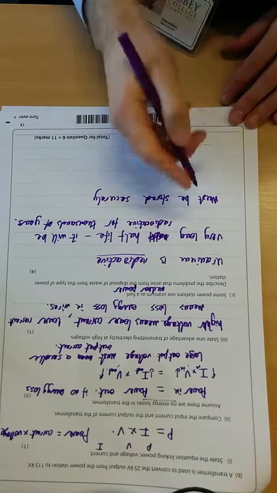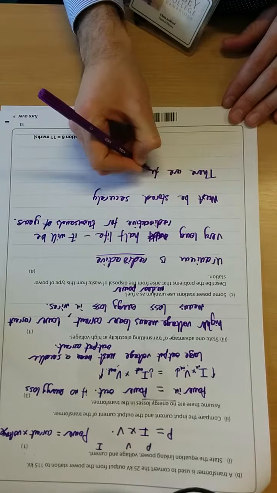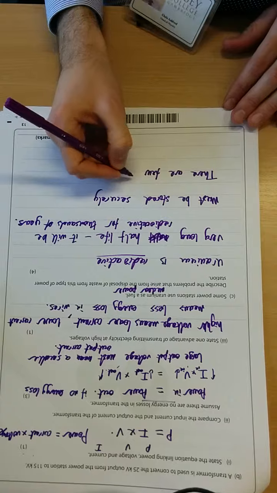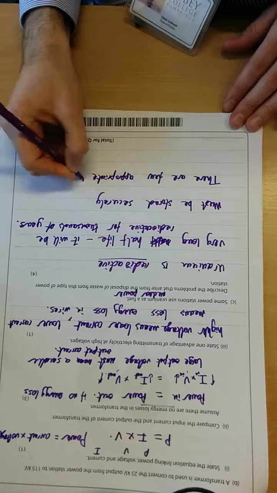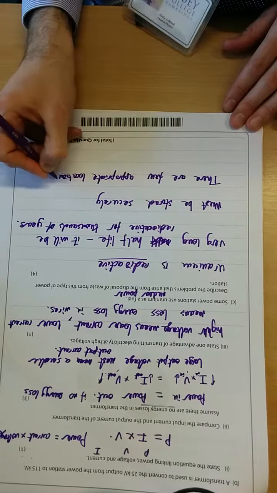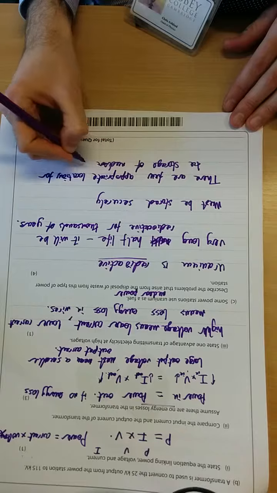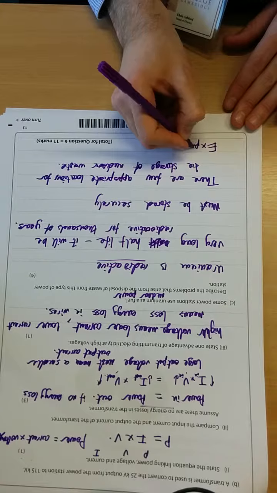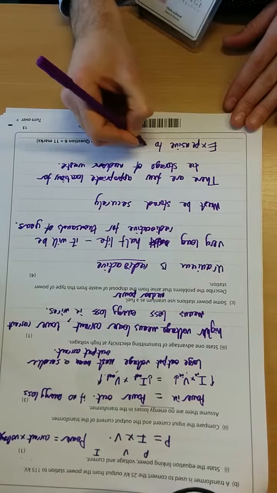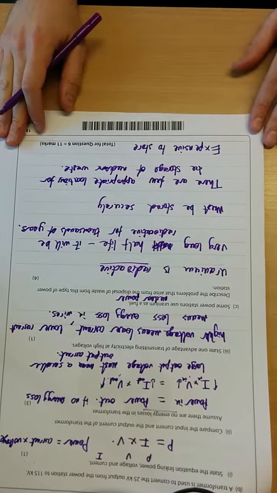So another problem is that there are few appropriate locations for the storage of nuclear waste. So that makes it very expensive. All of these things make it very expensive. So there's lots of problems with nuclear power.